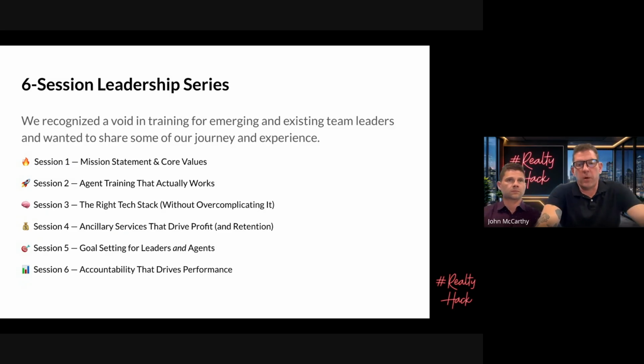So every quarter when we do our EOS L10 or our half-day meeting, we revisit the goals for that quarter, and then we set up the goals for the next quarter, and we look at our 1-year vision and our 3-year vision. And finally, session 6 will be accountability, and that's how to be accountable within your leadership and how to set up accountability for your agents.